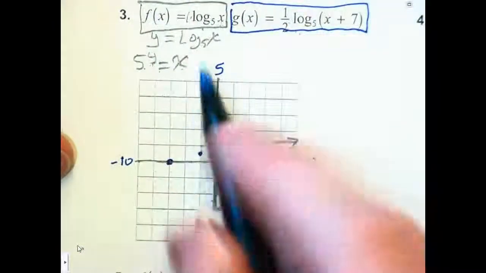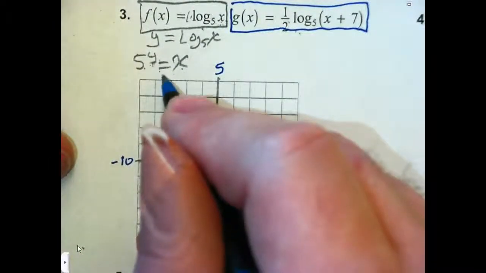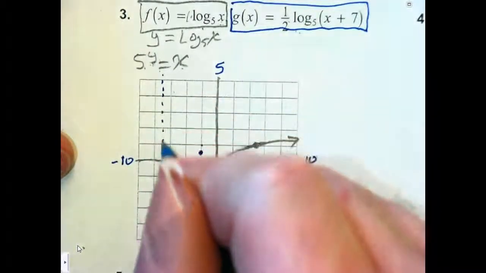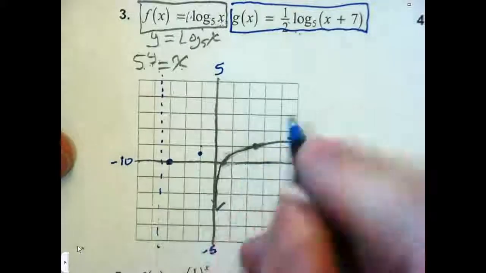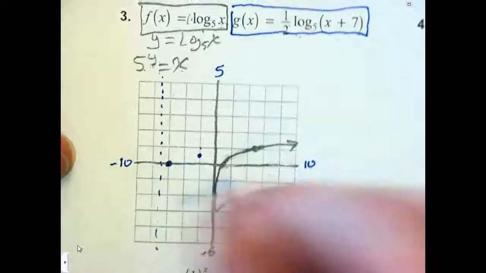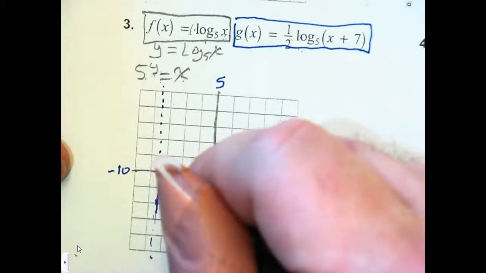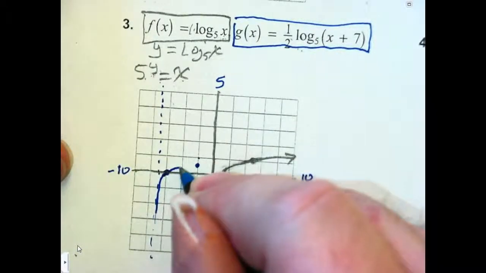So it's got to be at x equals -7. Okay, so if we draw that in there, our graph is going to approach that. And then it's going to be really, really skinny.